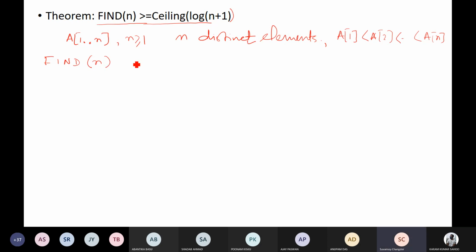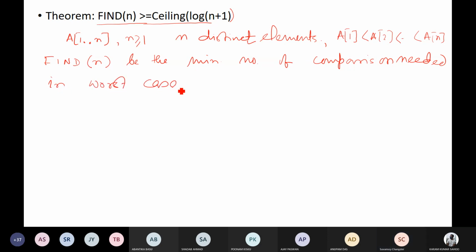Now let find(n) be the minimum number of comparisons needed in the worst case. Please be careful about all these points.